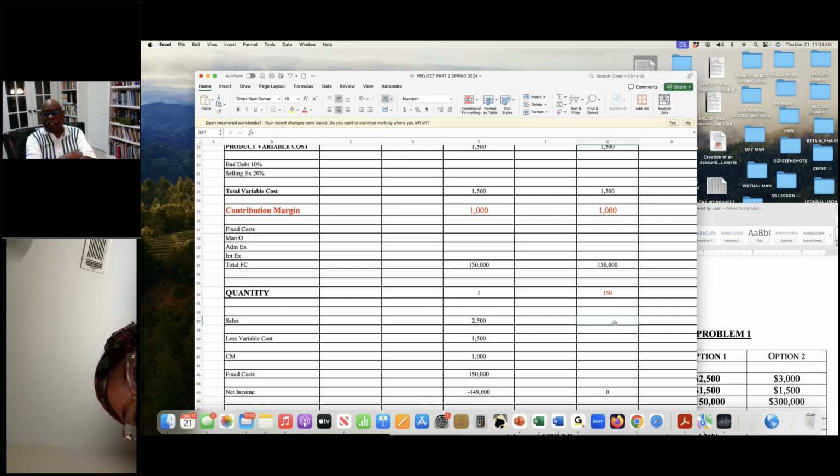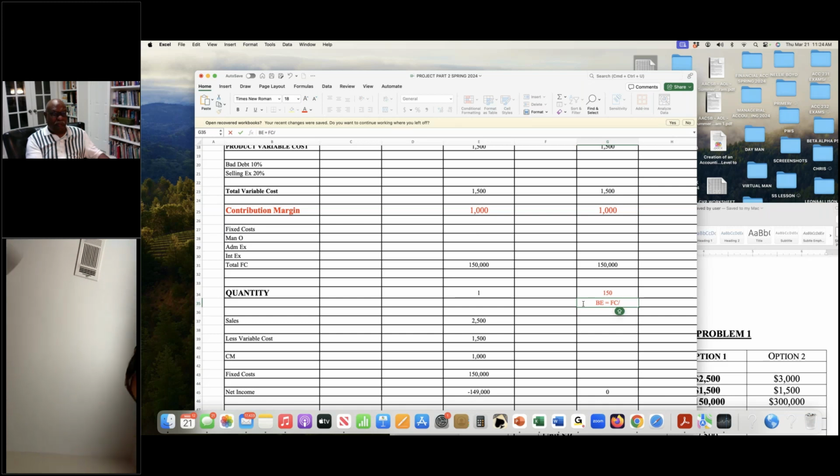And it says it's 150. The equation for break even is what? Fixed cost divided by UCM, unit contribution margin.